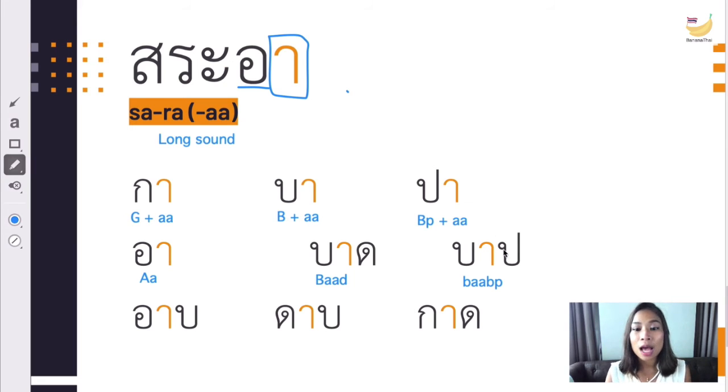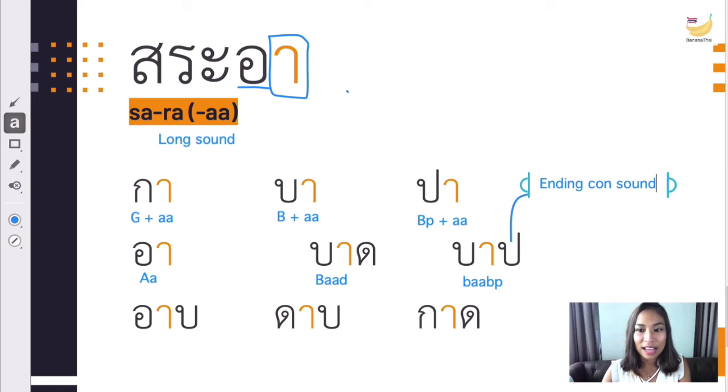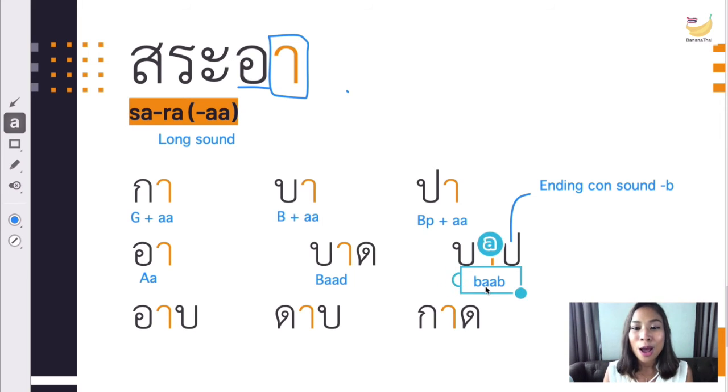But when it becomes an ending consonant, for the ending consonant sound it's not bp but a normal b sound. So this one will be easily bab, not bap. Bab with บอใบไม้ at the end, so ปอปลา as an ending consonant has a sound like บอใบไม้.